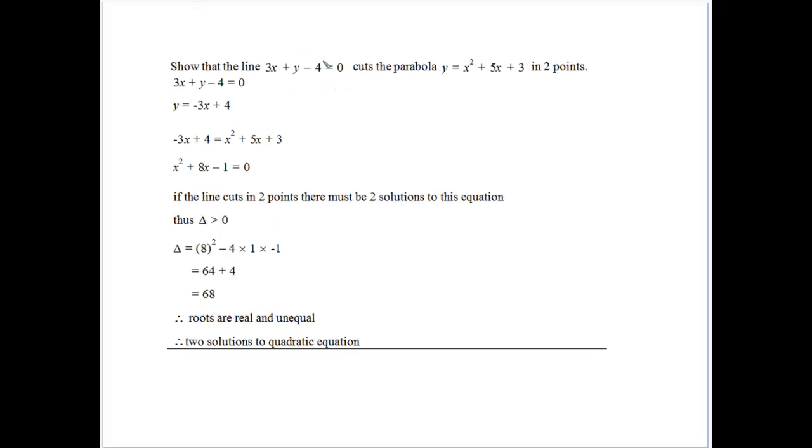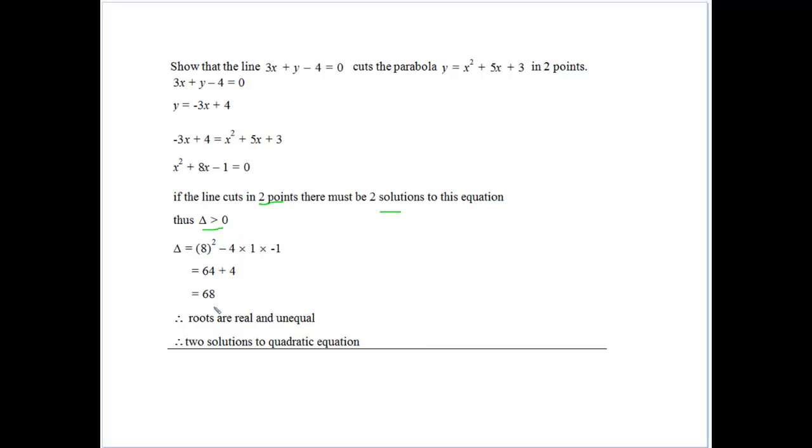So this time we've got this line and this parabola, and we show that it cuts it in 2 points. Again, we manipulate it so we get this equation of the line in terms of y, and then solve them simultaneously, so make them equal to each other. We get our quadratic equation. As we said before, if it cuts it in 2 points, we get 2 solutions to the equation, so our discriminant is greater than 0.